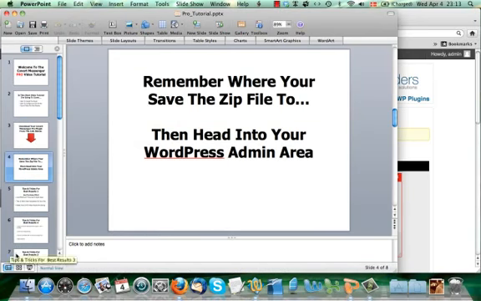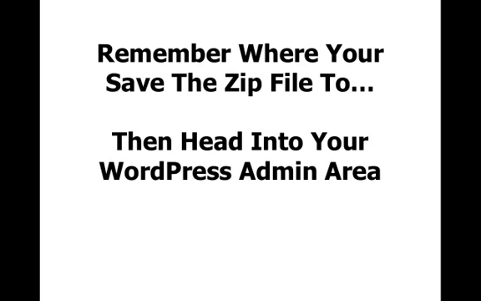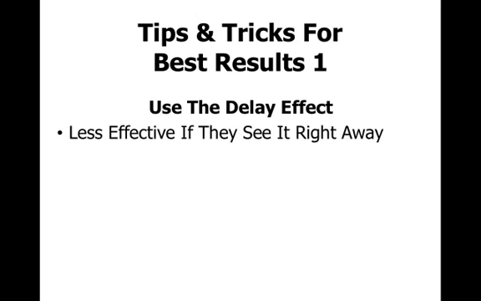So if we head back to WordPress here and just talk about some tips and tricks for getting the best results out of using the Covert Messenger Pro plugin. The first thing I want to say is use the delay effect I just showed you. We found that it's less effective if they see the Covert Messenger ad right away.